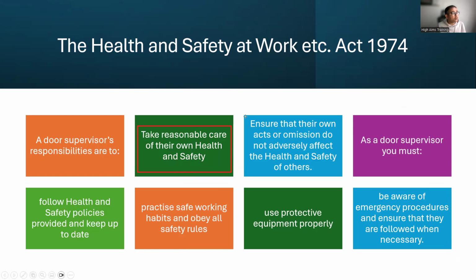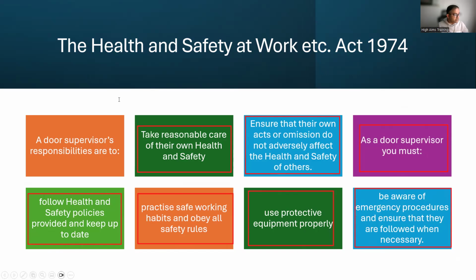Ensure that your own acts and omissions do not adversely affect the health and safety of others. Then, as a door supervisor, you must follow health and safety policies provided and keep up to date. Practice safe working habits and obey all safety rules. Use protective equipment properly and be aware of emergency procedures and ensure that they are followed when necessary.